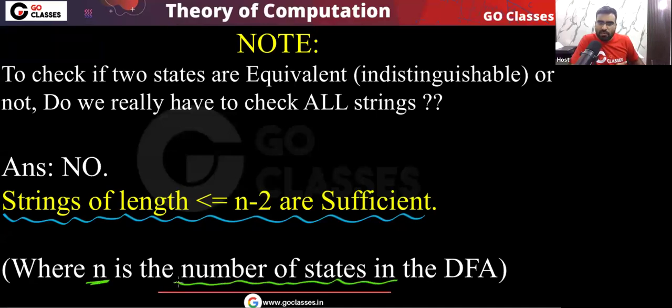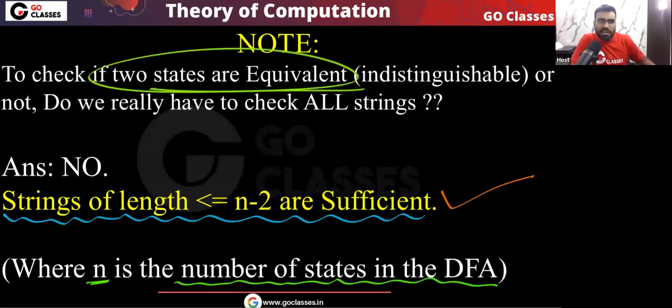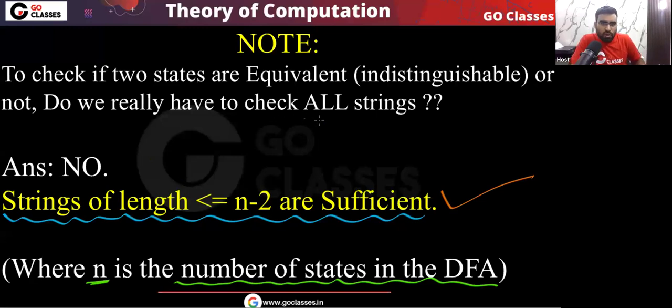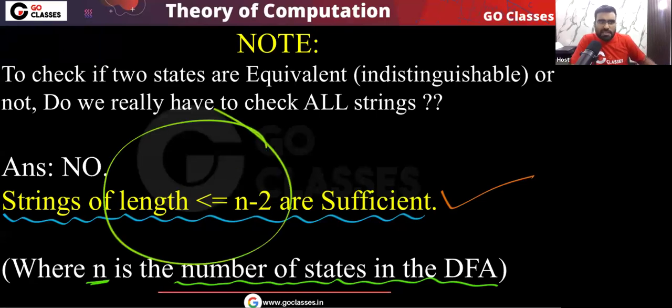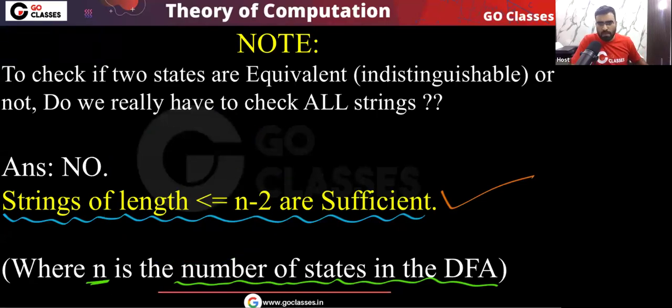So remember, if you want to check whether two states are equivalent or not, you don't have to check all the strings. You can check all the strings with length less than or equal to n minus 2.